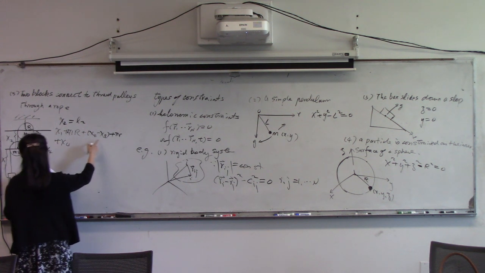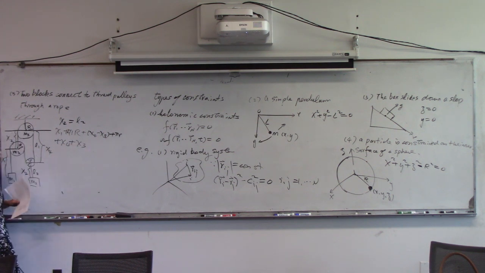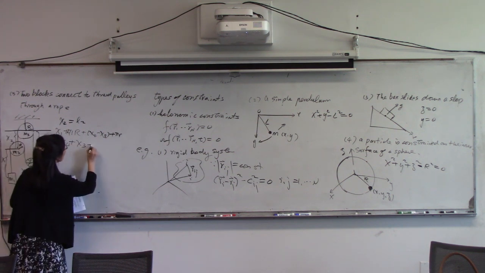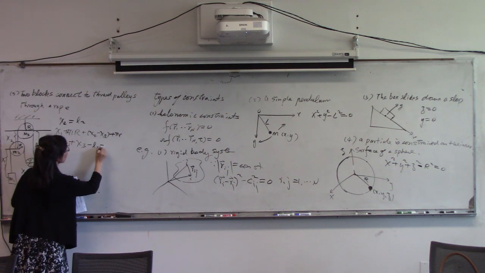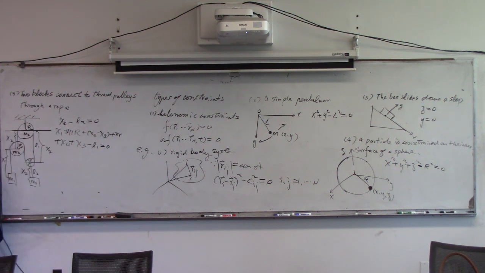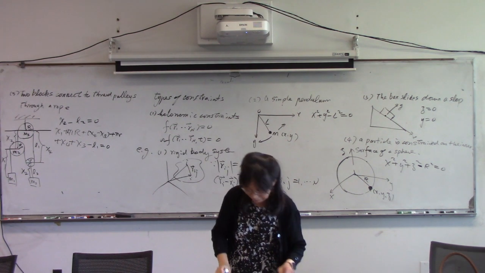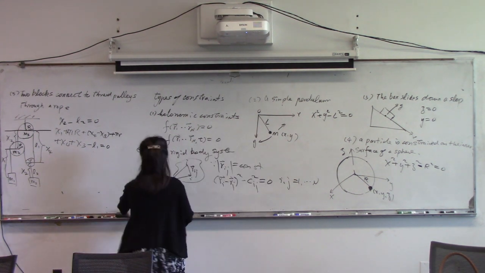I think I have an x3. I need also this part, so I forgot. That equals L1, so minus L1 equals 0. So I have two equations. All right, this is another example of how you can find the equation of a constraint.